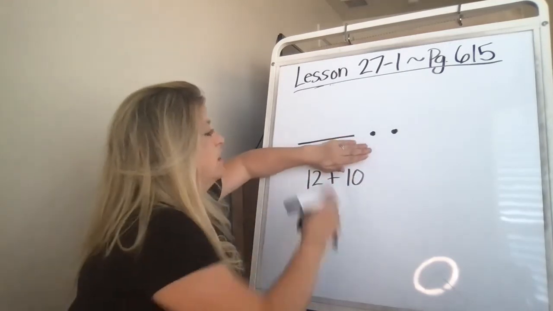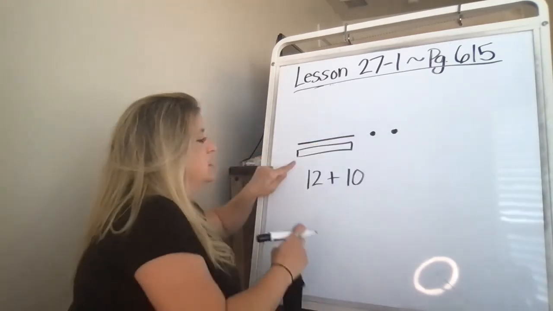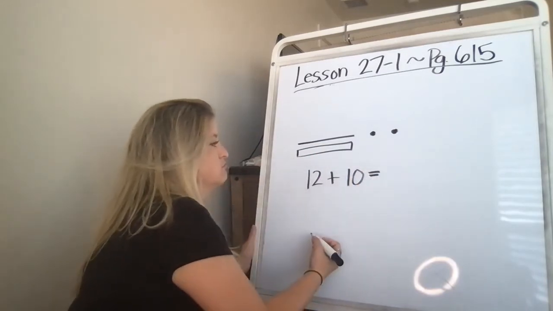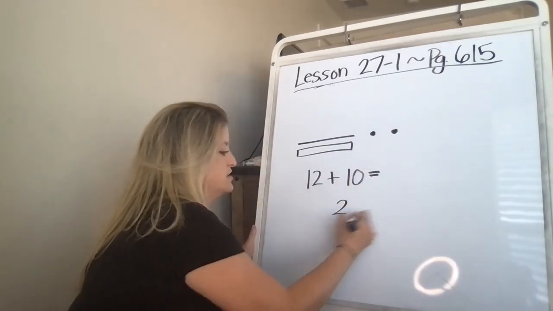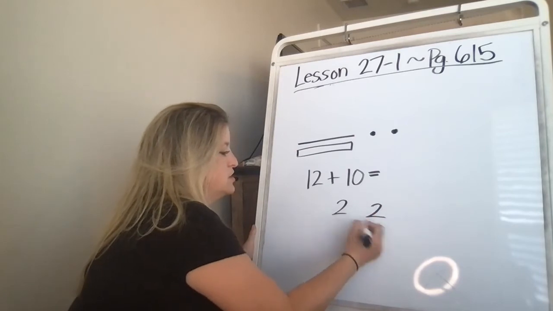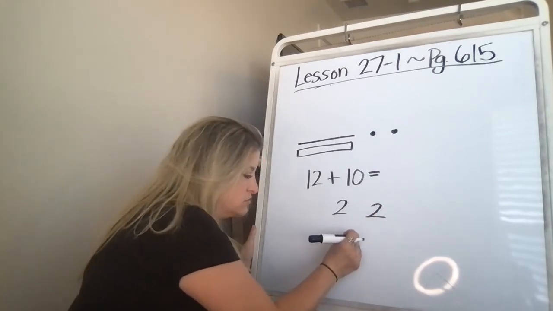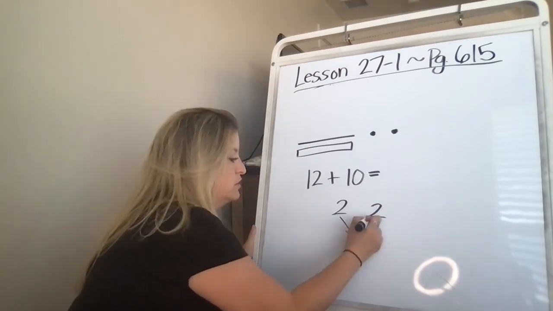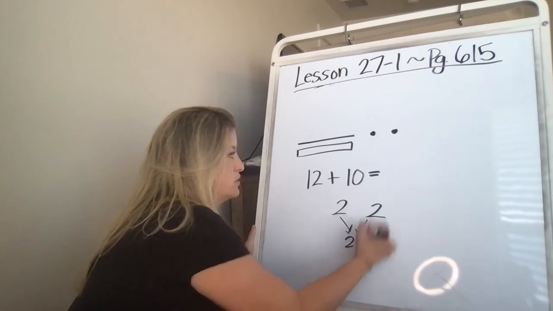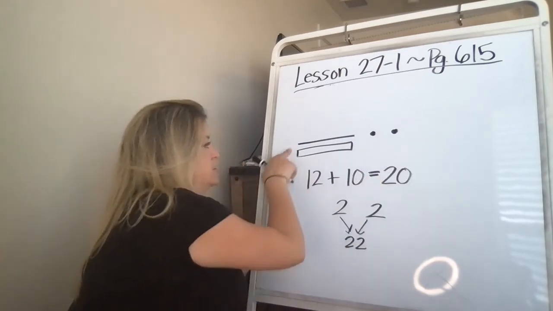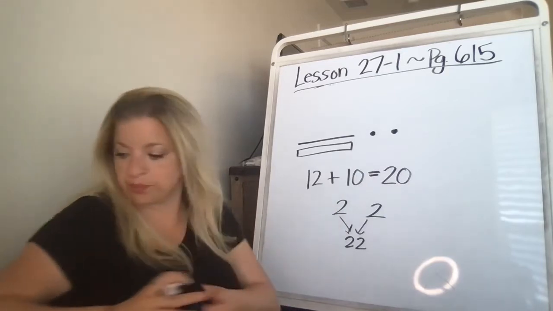This was 12, 10, 11, 12, plus this 10 equals 2 sticks of 10s and 2 1s. Smush them together, becomes 22. 10, 20, 21, 22.